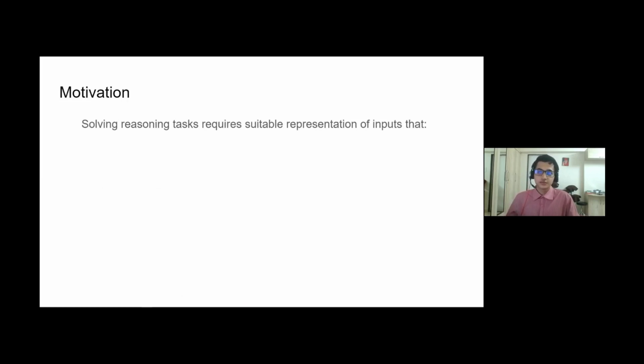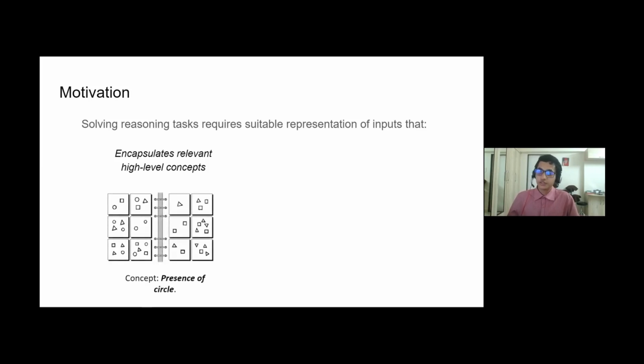In such reasoning tasks, we feel that deriving a useful representation of inputs is a key step to solving the problem. And for Bongard problems specifically, we feel that the representation of the input images needs to satisfy two objectives. First being that the representation should encapsulate relevant high-level concepts. So for example, in this Bongard problem, the concept is in the positive examples on the left, circles are present, while on the right, circles aren't present.